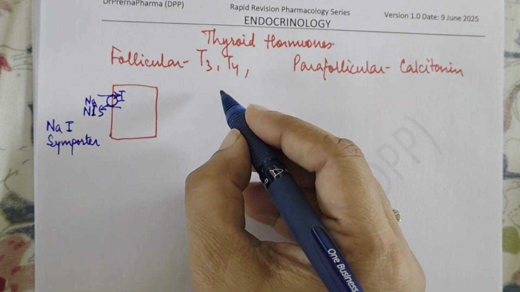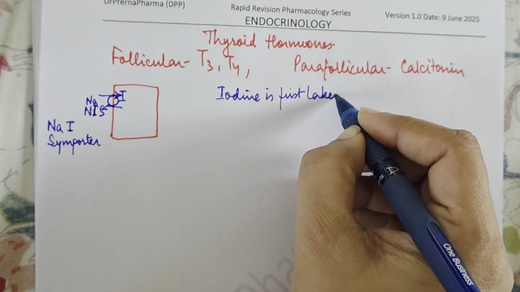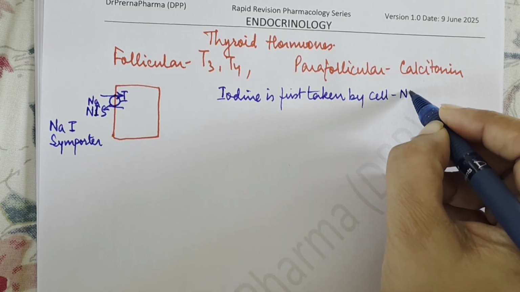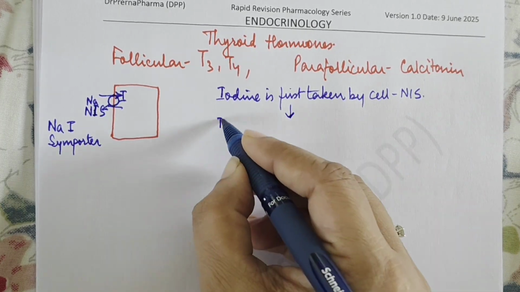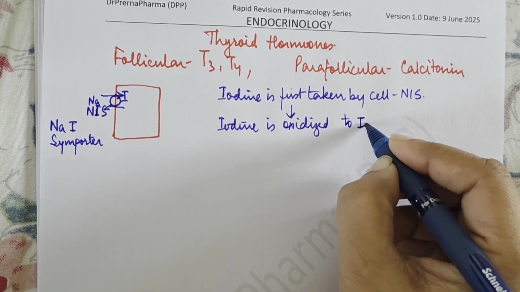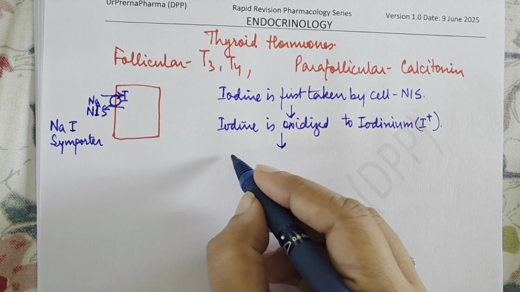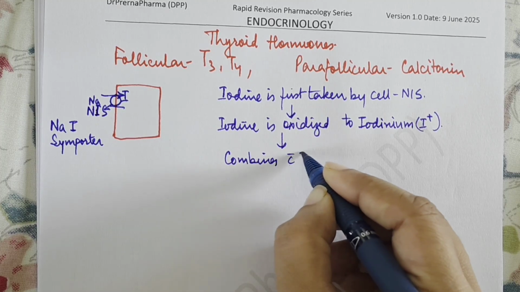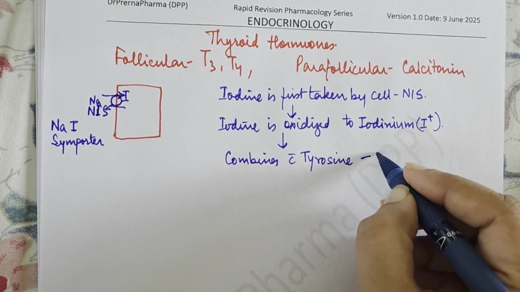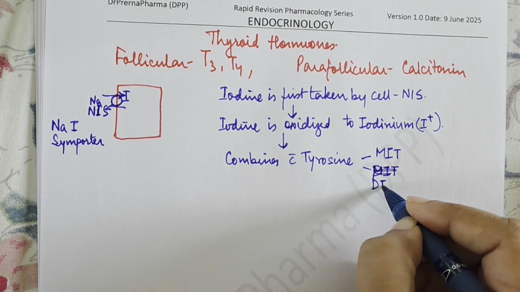Right. This iodine then, so I'll write here, iodine is first taken up by the cell by NIS, that is sodium iodide symporter. Then this iodine is oxidized to iodinium, that is I plus ion. Now this iodinium ion combines with tyrosine and it forms MIT, monoiodotyrosine, and diiodotyrosine.